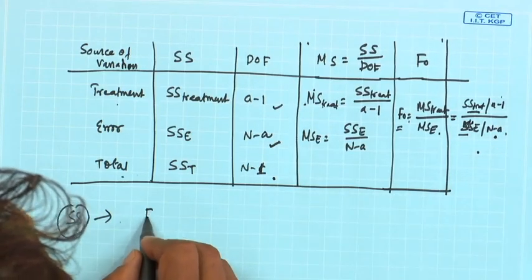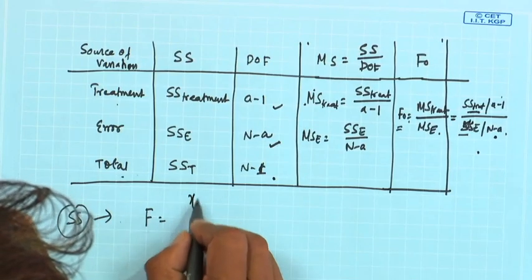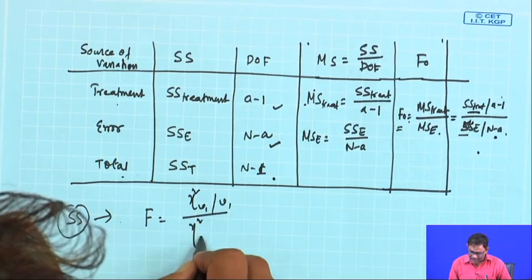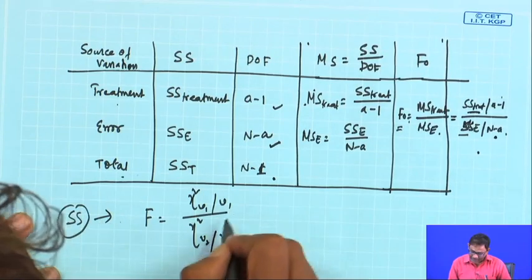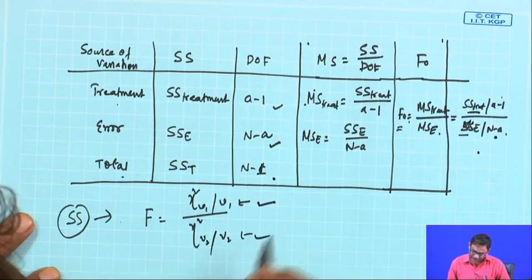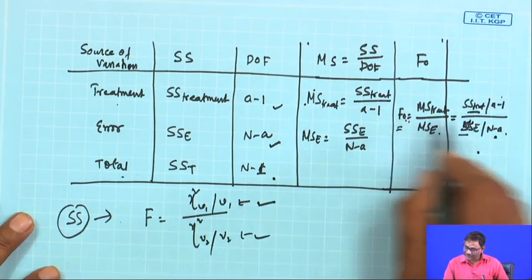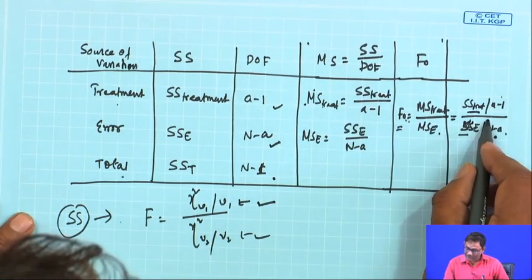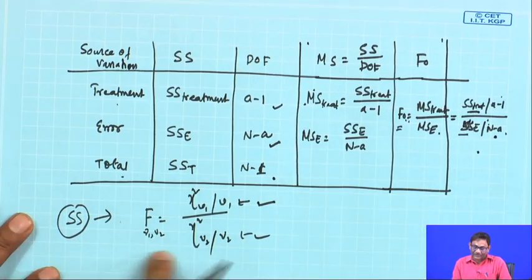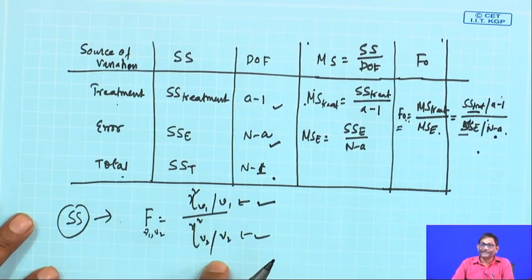You know that for the F distribution, we say chi-square nu 1 by nu 1 over chi-square nu 2 by nu 2, where nu 1 is the numerator degrees of freedom and nu 2 is the denominator degrees of freedom.